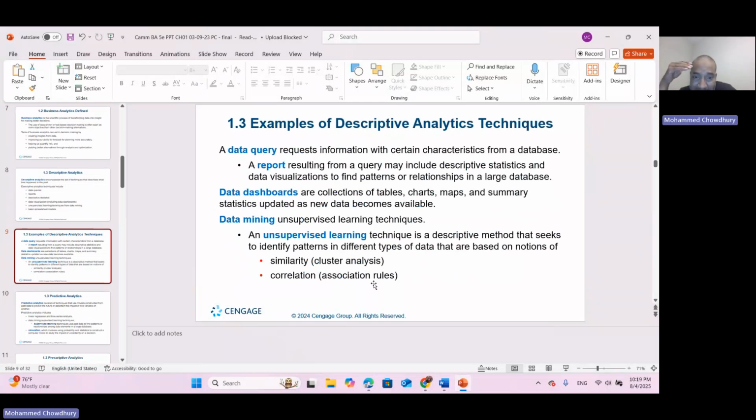And the next one is data mining. Data mining is an unsupervised learning technique. Data mining includes a lot of things. For example, in the data, you are specifically interested in a particular region or a particular age group or a particular zip code or a particular race or a particular gender.